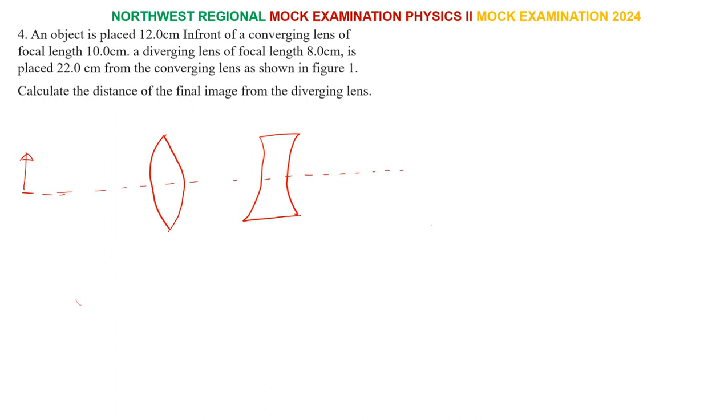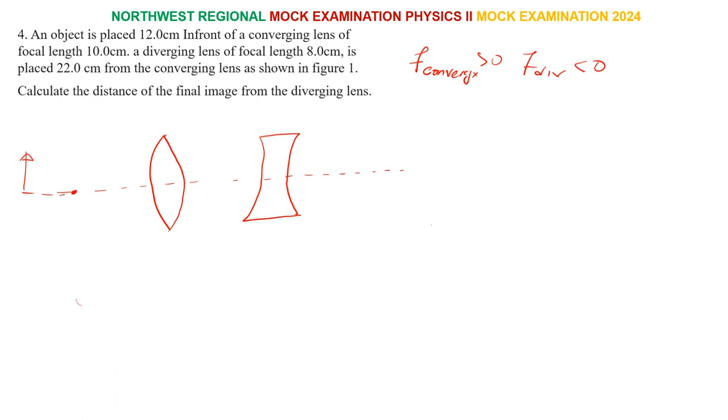Now the focal length of our converging lens is 10 centimeters, and I'm going to call this a positive lens and I'll call this a negative lens. Why? Because the focal length of a converging lens is positive, and that of a diverging lens is negative. So put that in mind. Now we have to calculate the image distance, number one, when we are dealing with the convex lens.